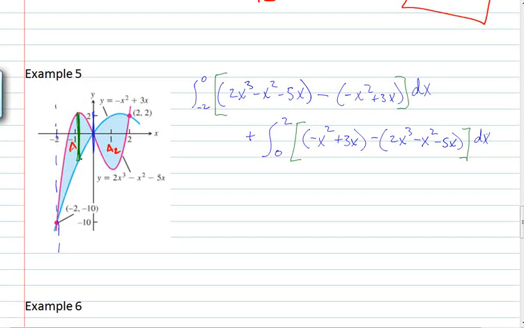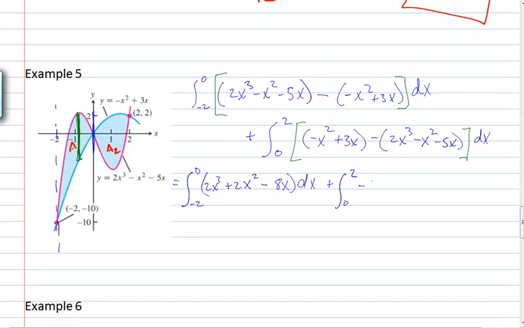Now, we can distribute negatives, collect like terms and all that good stuff to end up with the integral from negative 2 to 0 of 2x cubed. And then we have a minus x squared minus a negative x squared. That's going to be plus 2x squared. Minus 5x minus 3x is minus 8x dx. Plus the integral from 0 to 2 of, I believe we just end up switching the signs.